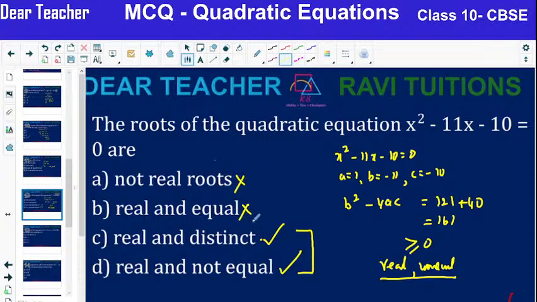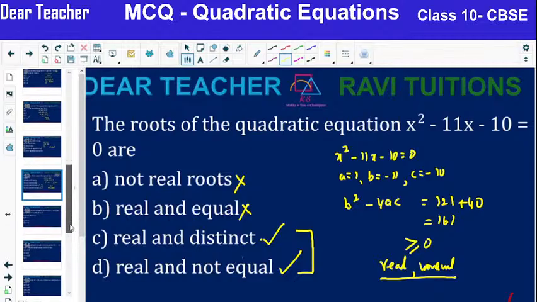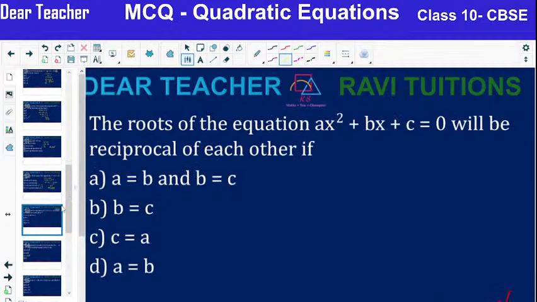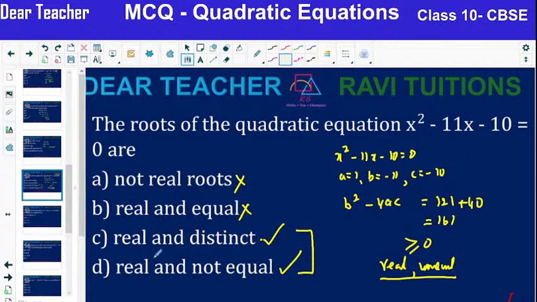For these two, any answer is correct. Distinct means different, that means unequal, so both mean the same. In the exam, if it comes like this, you can put any one answer. So don't put both answers. You keep only one answer.